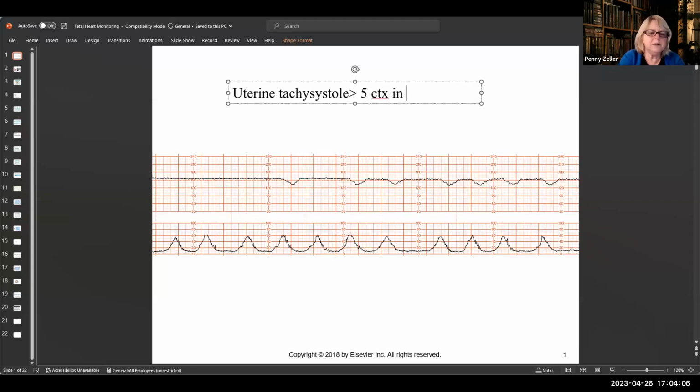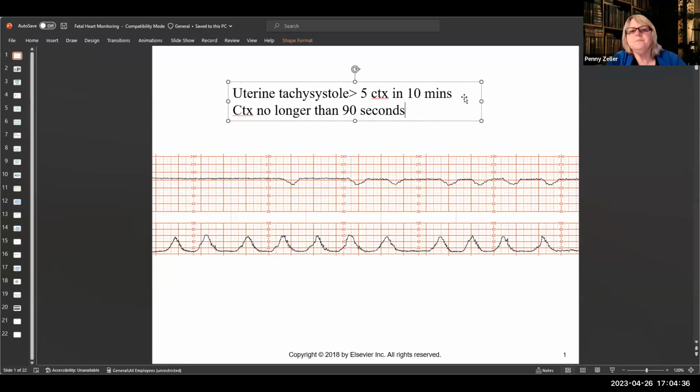Contractions in 10 minutes, we want 5 or less. So every 2 to 3 minutes, but not one every minute or every minute and a half. And we want contractions no longer than 90 seconds.